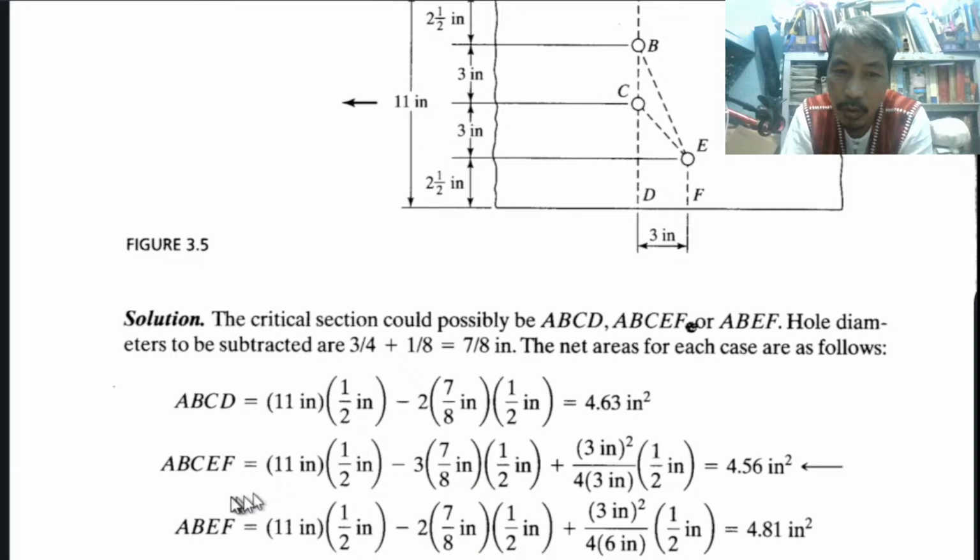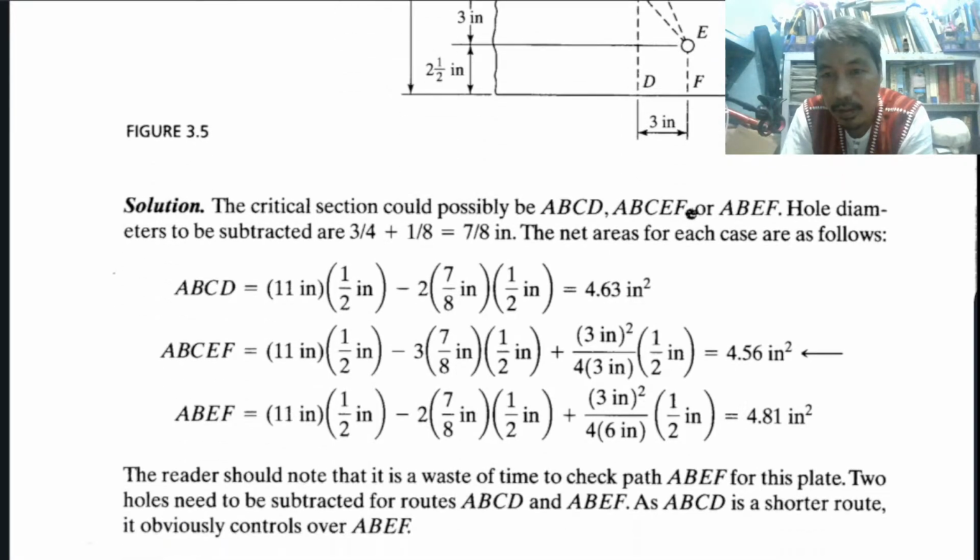So if you compute that, the answer would be 4.81. Again, gross area minus the holes, there are 2 of them, plus S squared over 4G times thickness, the answer is 4.81.